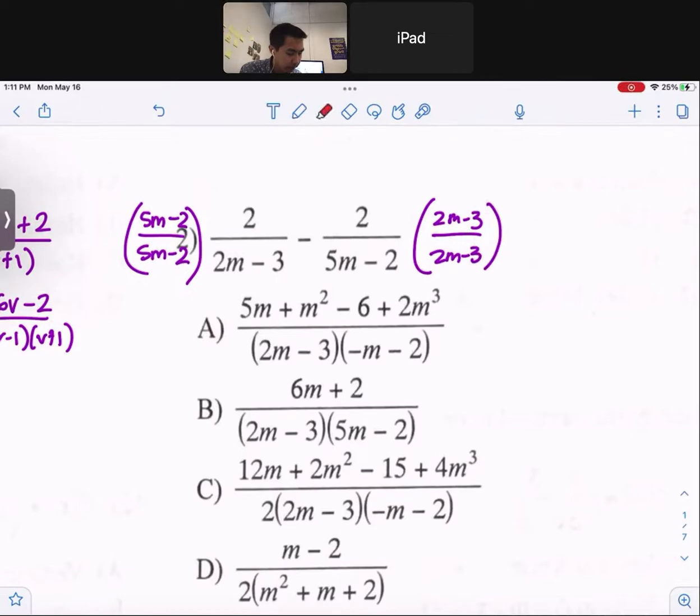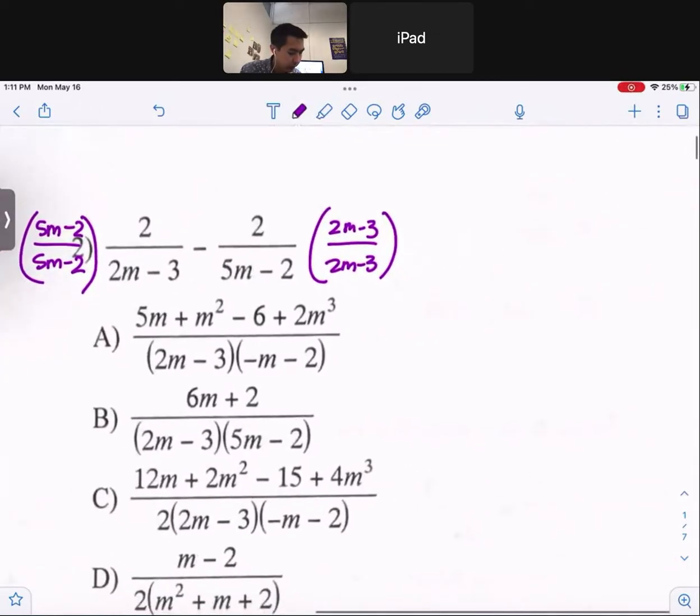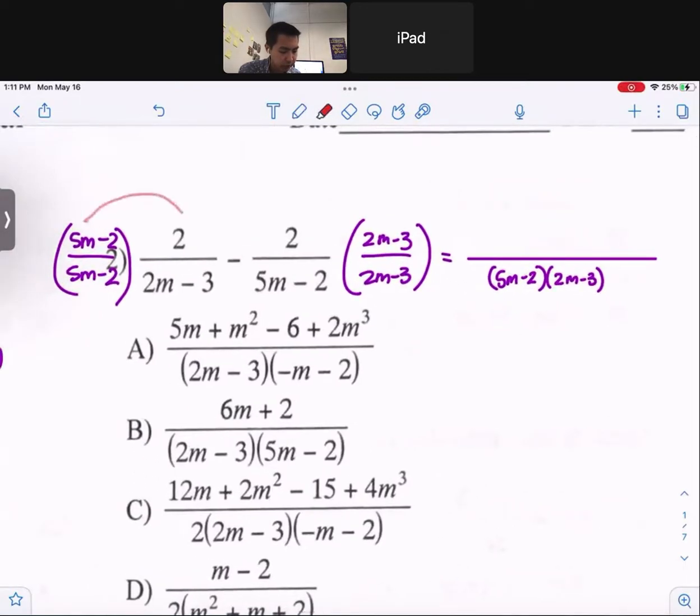Again, we get the same common denominator of 5m minus 2 times 2m minus 3, and up top we gotta distribute this 2 to both of those. Now don't forget that negative sign. That's a careless error. Gotta bring the negative sign with the 2, so negative 2 times here and negative 2 times there.